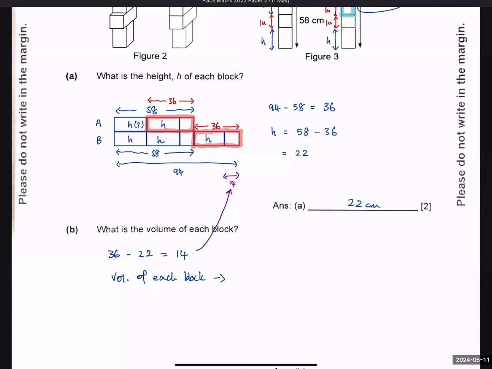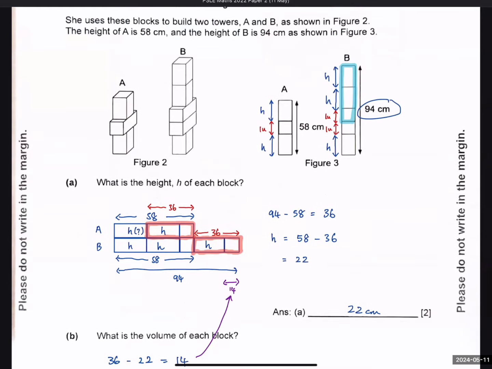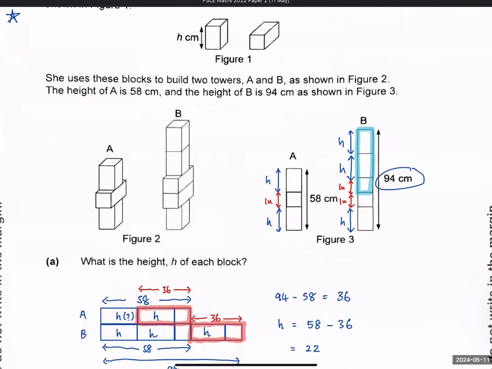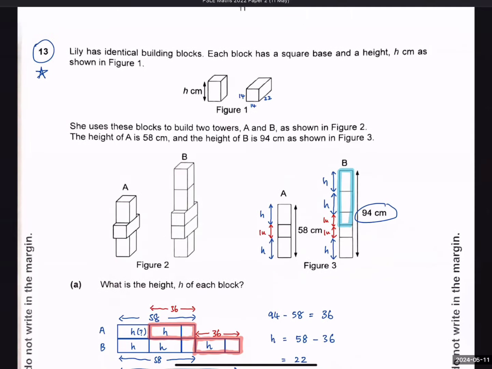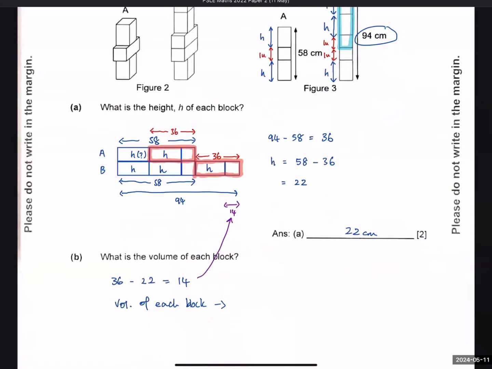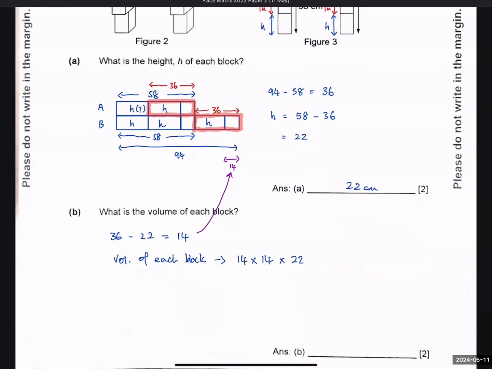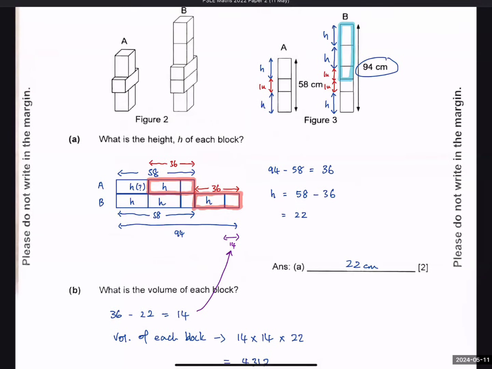Okay, so square base, we found that this is 14, this is 14, so this is 22. Because 22 is your H. So 14 times 14 times 22. And that will give you 1440. Sorry, 4312 cm cube.